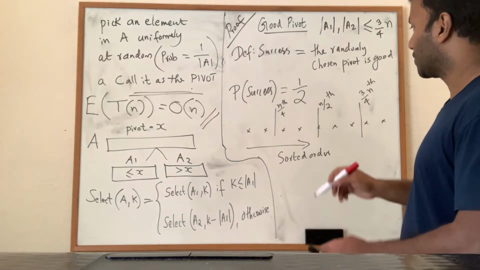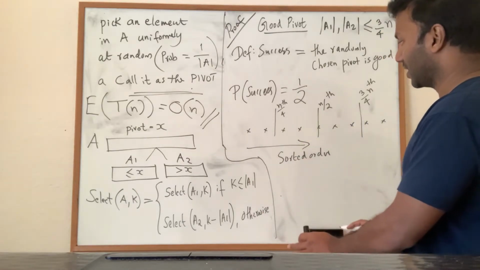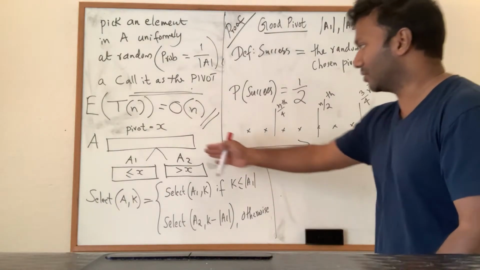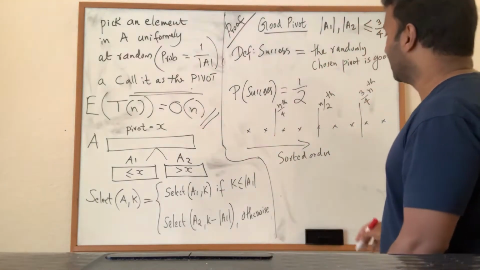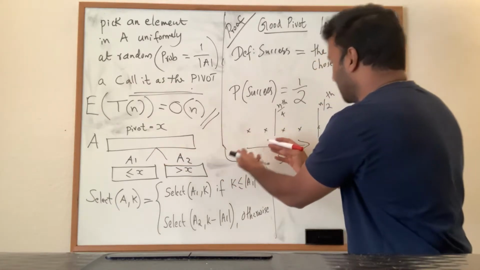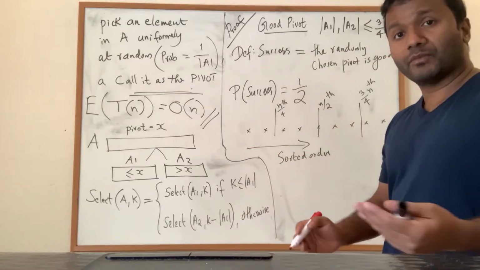So now we are picking one of these elements randomly. The sorted order is just for the sake of illustration. Originally this is not sorted. So now I am picking one of these elements uniformly at random.